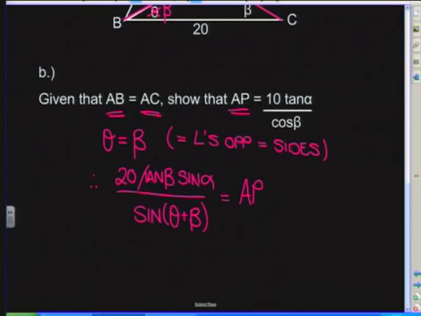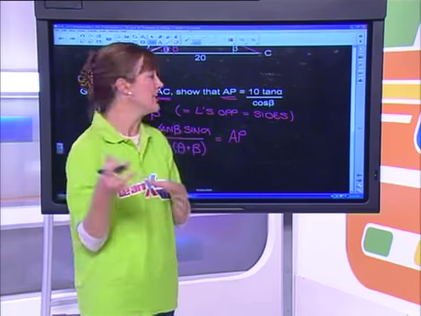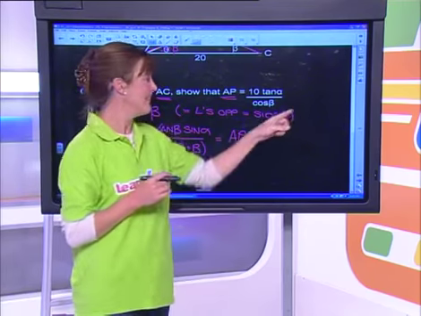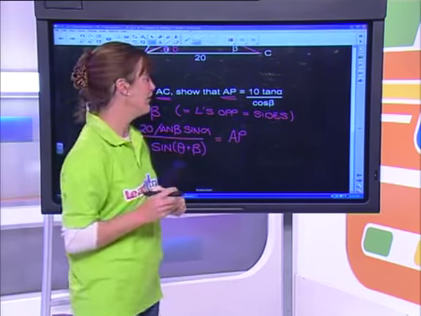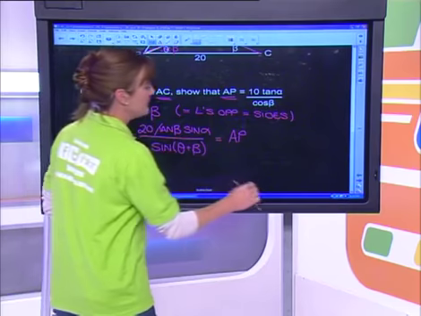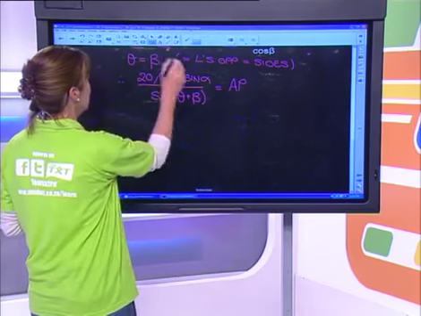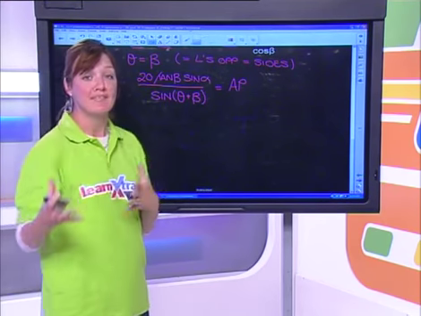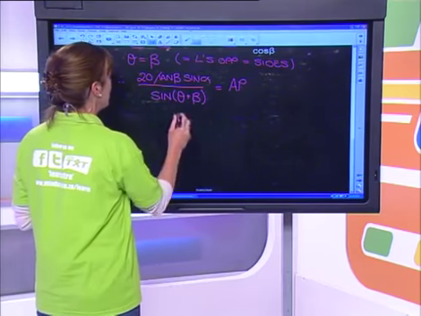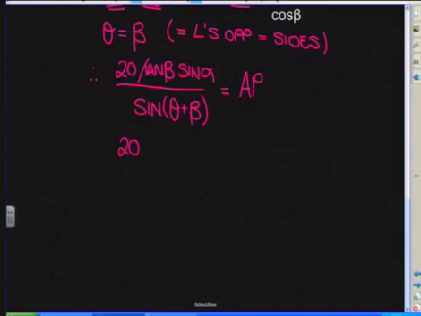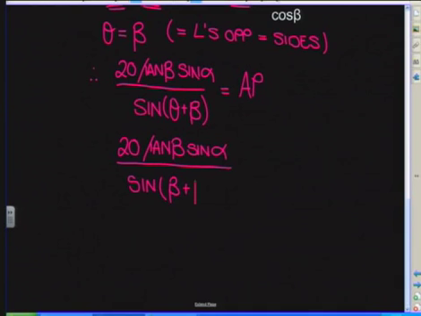And now they've thrown this little twist in the tail and said, no, well, hang on, actually, rather write AP as, and they've given it to us as 10 tan alpha over cos beta. So we've just stated that, in fact, theta and beta are equal to each other because it's an isosceles triangle. So therefore, I'm going to take the formula that I've just proven was equal to AP, except where I have got a theta, I'm going to replace it with a beta.